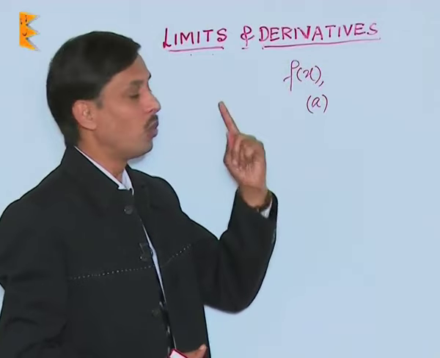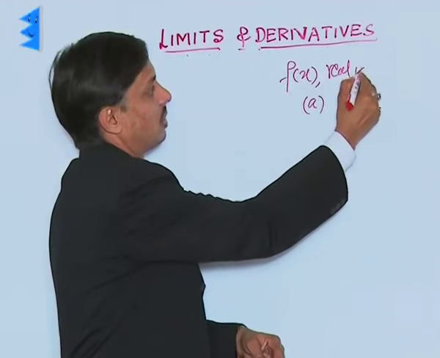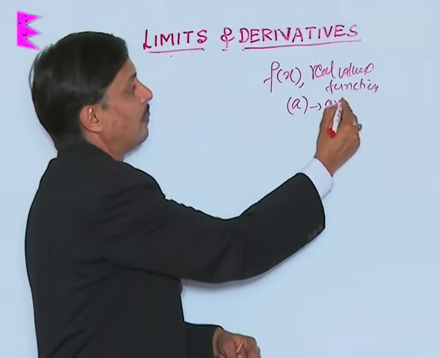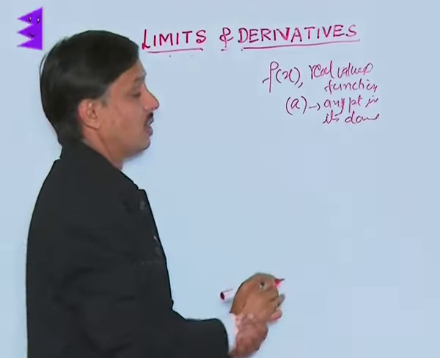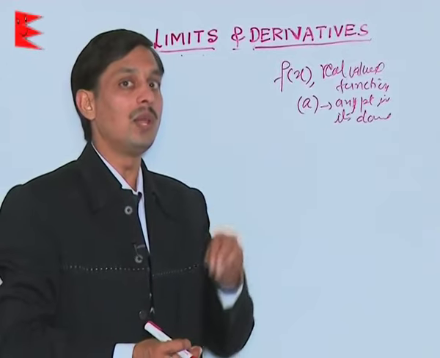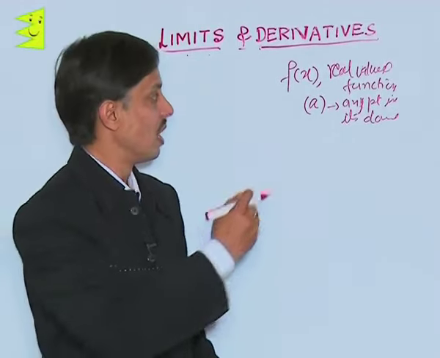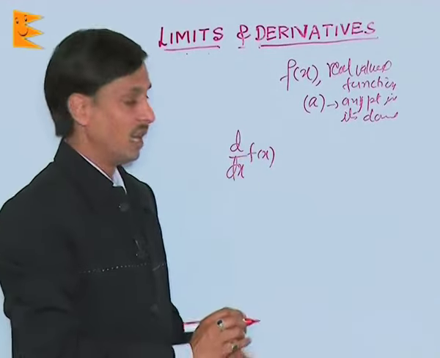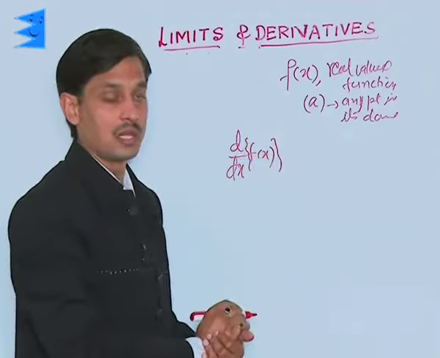In general, the derivative is a very minor change in the value of y when a very minor change is made in the value of x, and we denote it by d upon dx of f(x). d upon dx means the derivative of f(x), a real valued function.